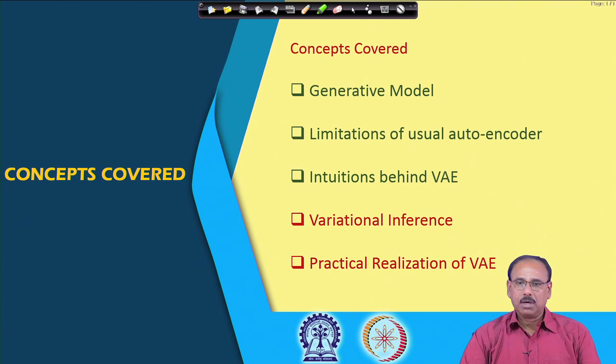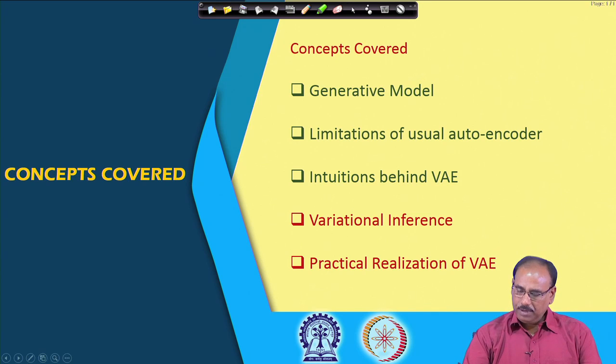But we also discussed the limitation of the traditional autoencoder, and why it cannot be used as a generative network. Then we talked about the intuitions behind the variational autoencoder. Today we will talk about variational inference, and we will see how a variational autoencoder can be implemented in practice.